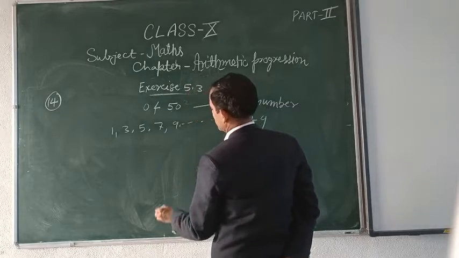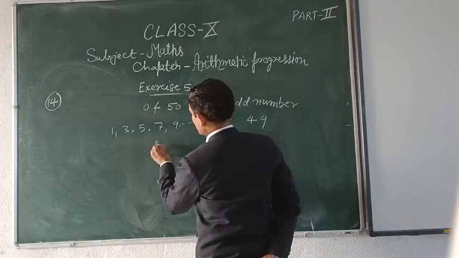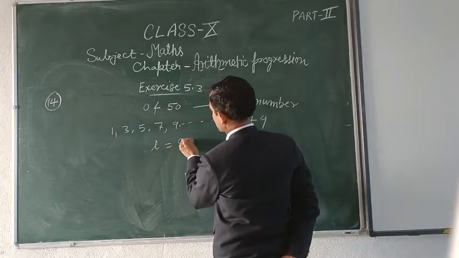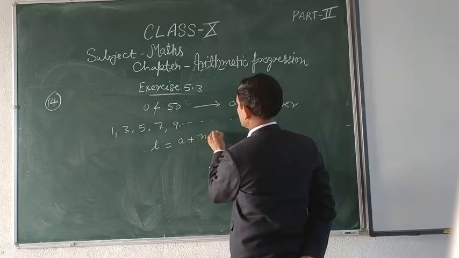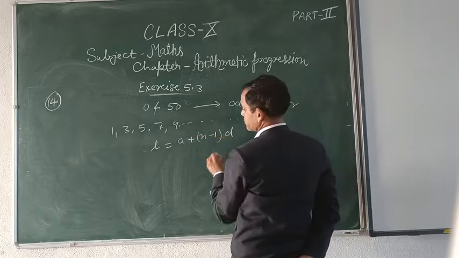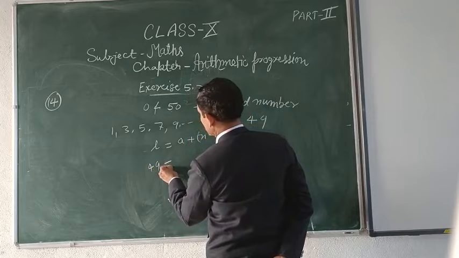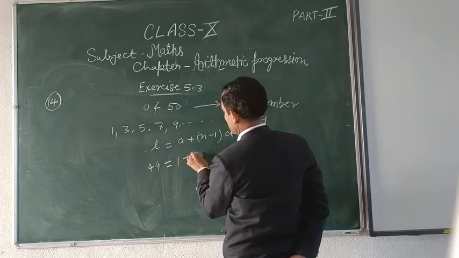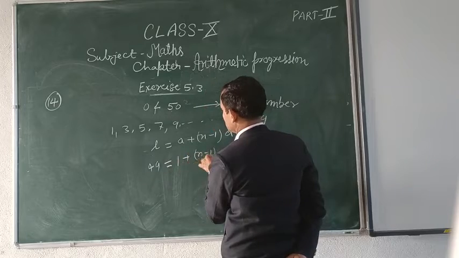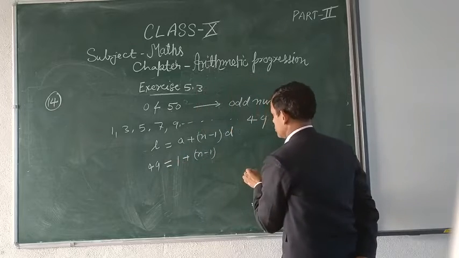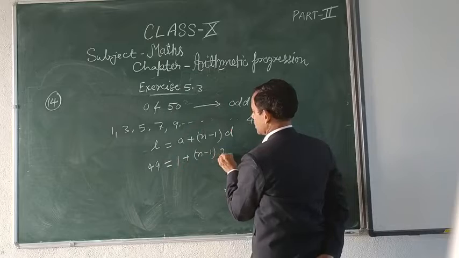Okay. So for n, we know that a plus n minus 1 into d, and the last term is 49, given a equal to 1 plus n minus 1 into d, which is 2. Okay.